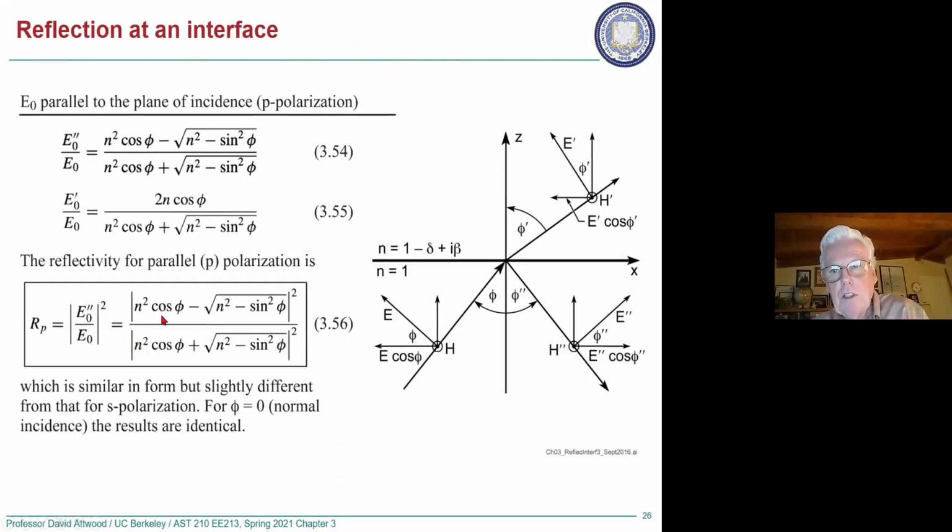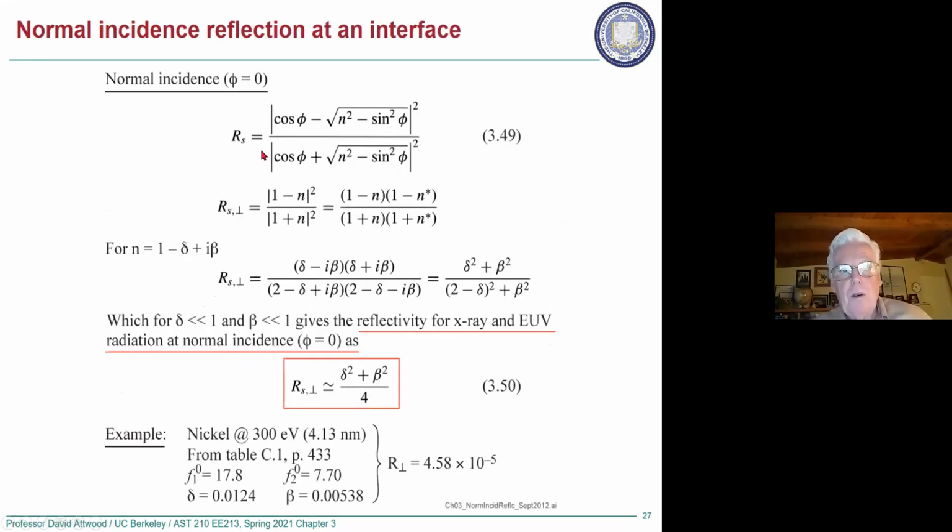So we're just going to look at normal incidence now. That's an interesting case, in which both are going to give the same result. What happens if phi is equal to 0? This is going to go out, and the square root is going to give an n, and this is what you're going to find.